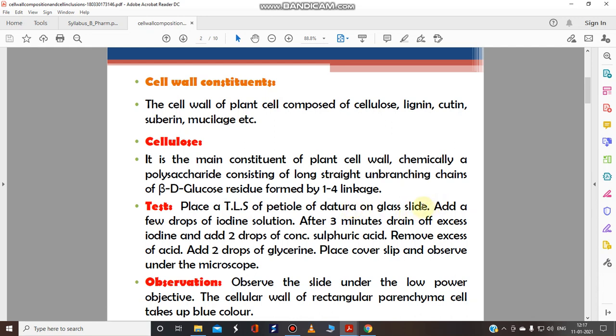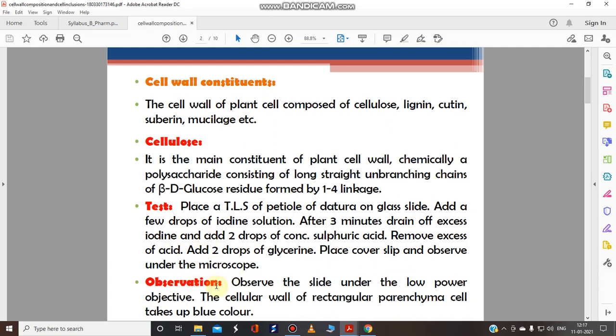Next you add on the section iodine solution, and after that you add sulfuric acid. You drain off the excess iodine and remove the excess acid solution, and finally you add a mountant, that is glycerin, put a cover slip and observe under the microscope.